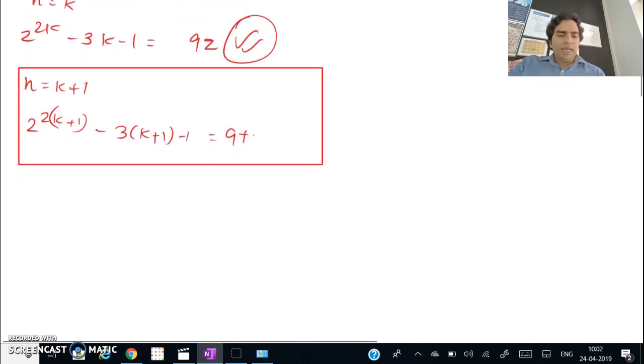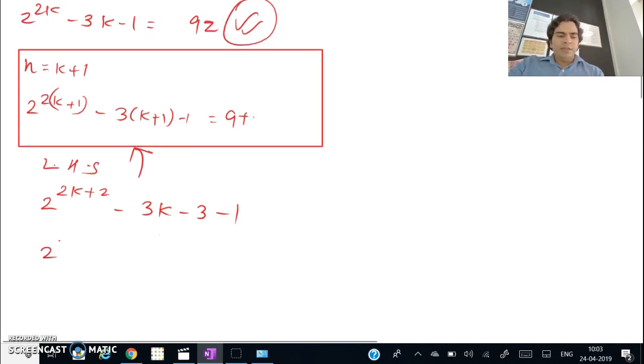Let's take the step out here. It's 2 to the power 2k plus 2, minus 3k minus 3, minus 1. I just took the LHS from here. When I do this, what exactly I get is 2 to the power 2k times 2 squared, minus 3k minus 4.